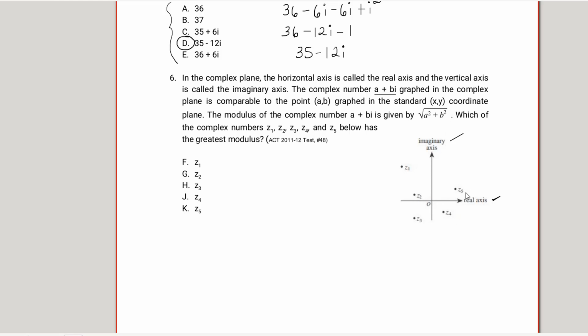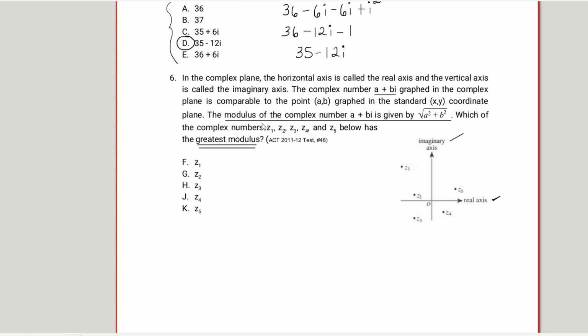So here are our complex numbers. They give us a definition here. The modulus of the complex number a plus bi is given by the square root of a squared plus b squared. Which of the complex numbers, z1, z2, z3, z4, and z5 below, has the greatest modulus?